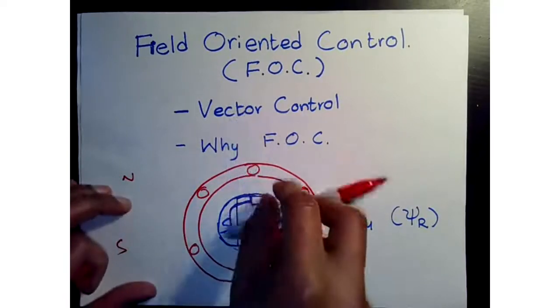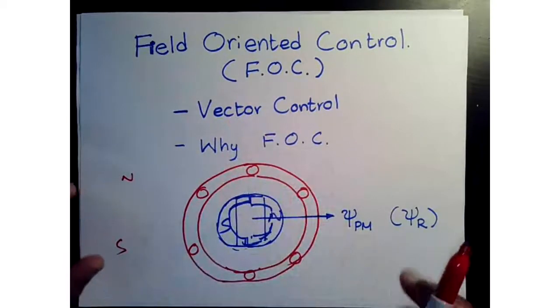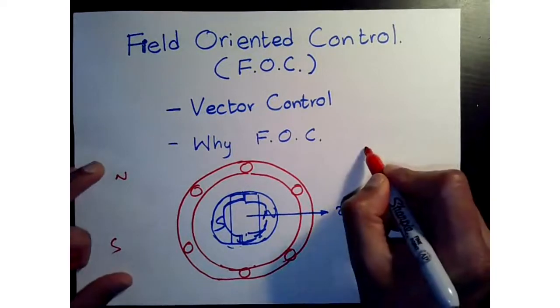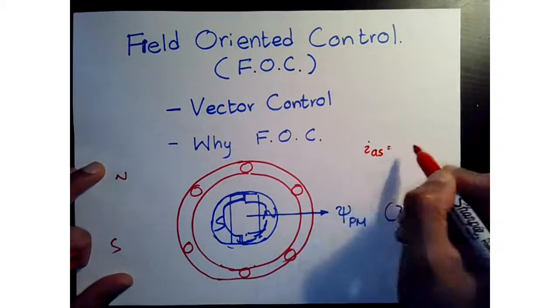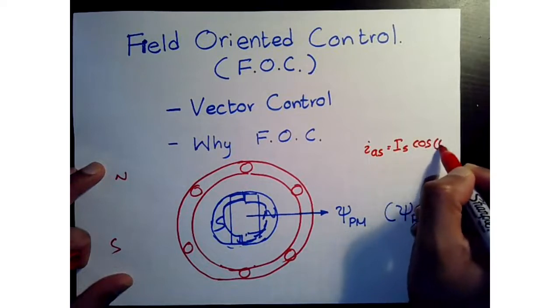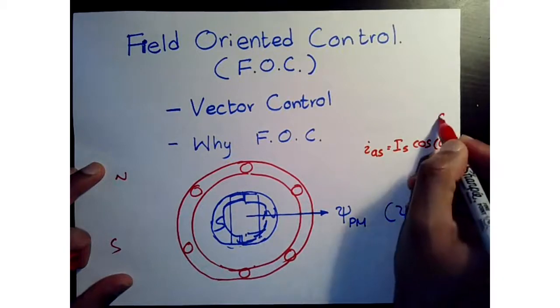And we can orient it however we want based on the angle of the current, the theta current. If you remember the currents, we said IAS equals IS cosine omega t. Omega t is basically an angle, theta.